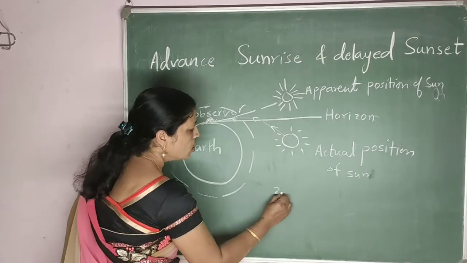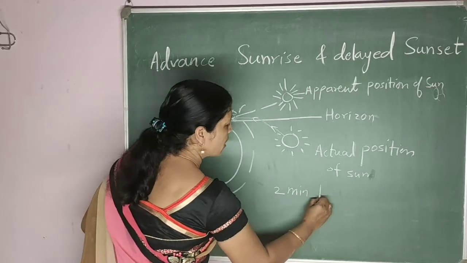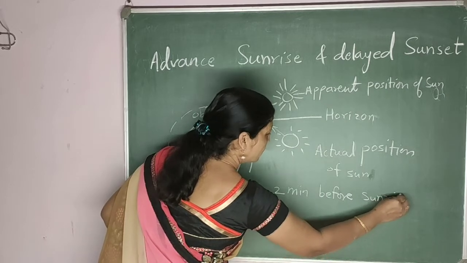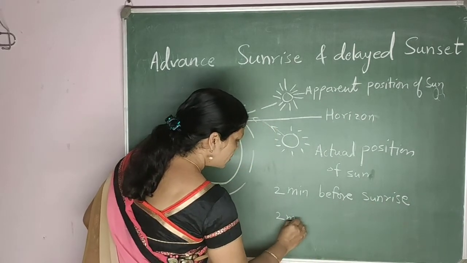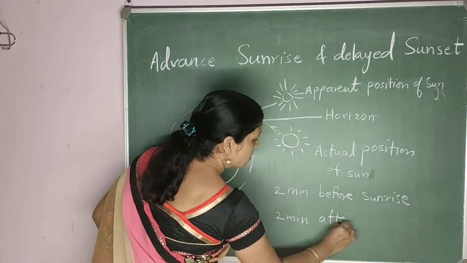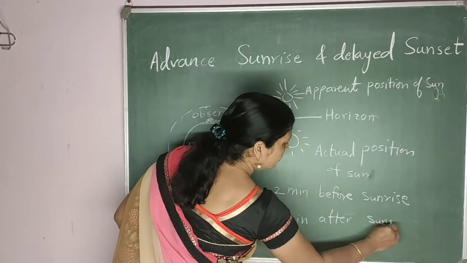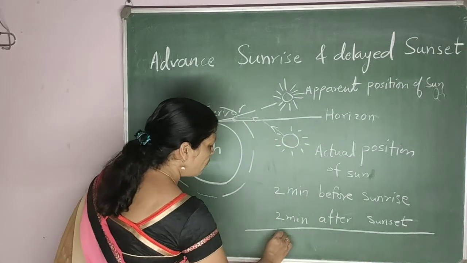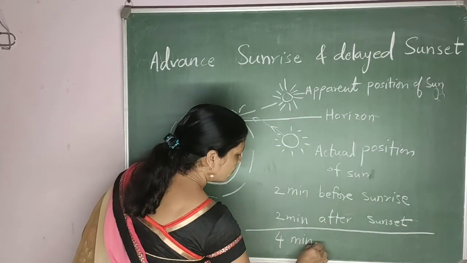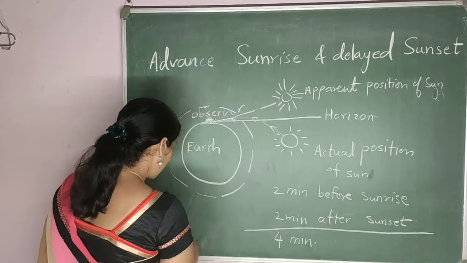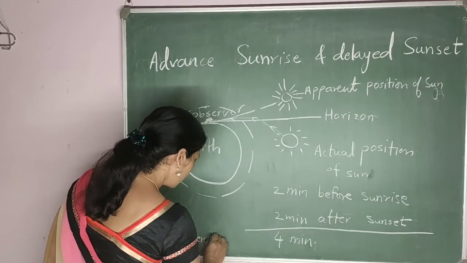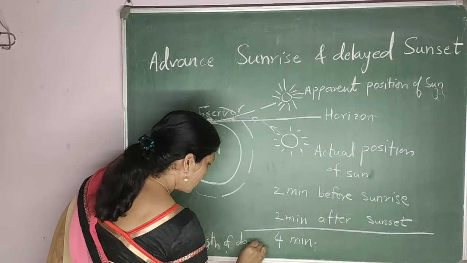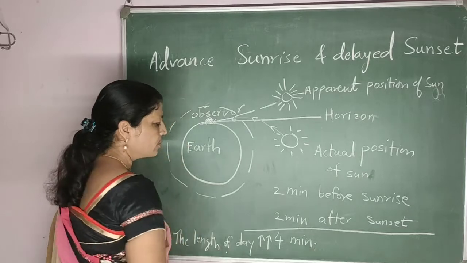Advanced sunrise occurs 2 minutes before actual sunrise, and 2 minutes after sunset is the delayed sunset. That means in all we are getting 4 minutes. The length of the day increases by 4 minutes every day.